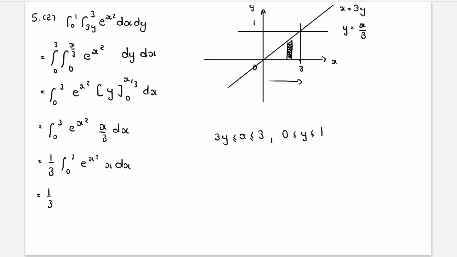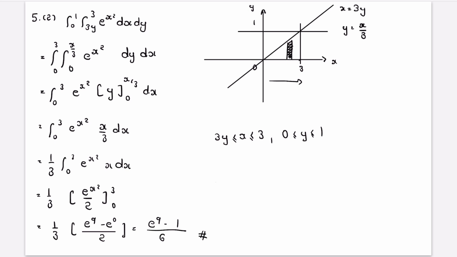So let's put the bounds 0 and 2. Okay, let's substitute. e power 4 minus e power 0 over 2, e power 0 is 1. So this is the answer of this question.